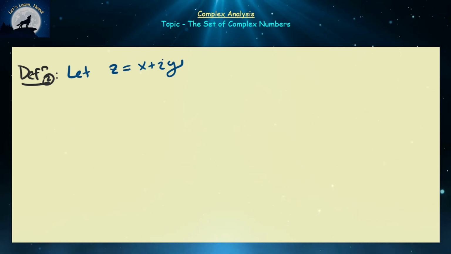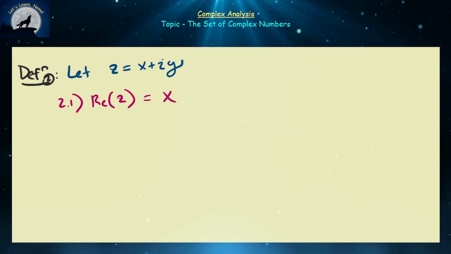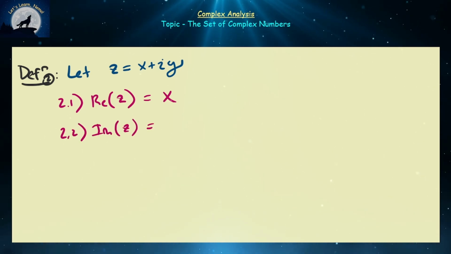So let's assume that we have some complex number z that's of the form x plus iy. The first function that's unique to the set of complex numbers is the following, and let's denote it by Re of z. So Re of z is going to be defined to be equal to x. Another function is Im of z, and this is going to be defined to be equal to y.